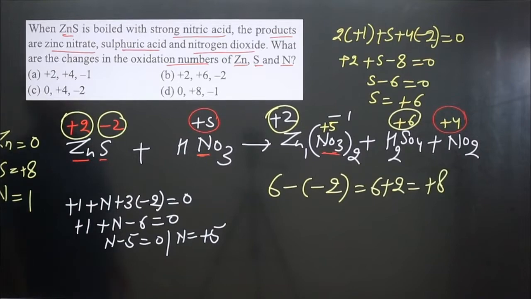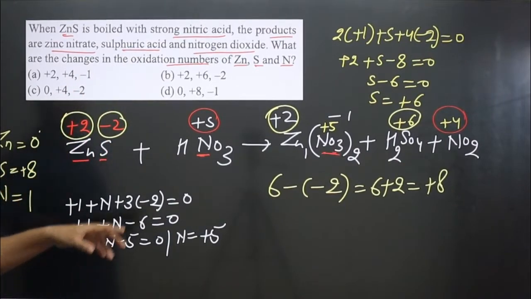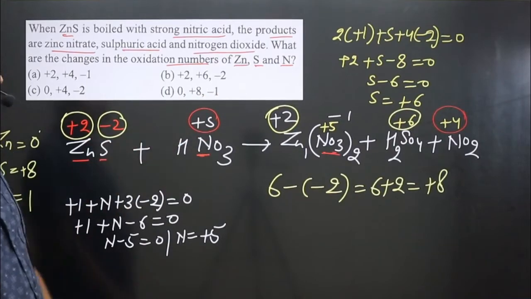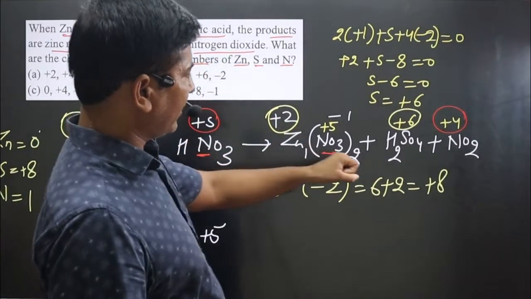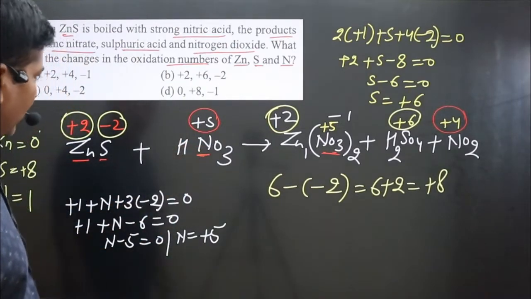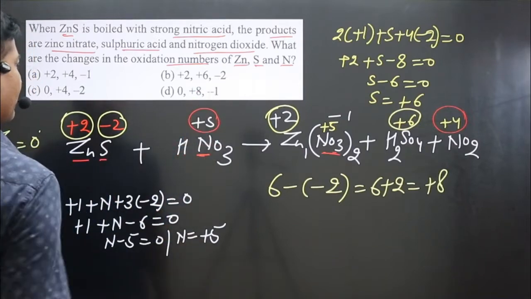Now if you look at the options, none of the options are matching exactly. If you look at C, it starts from 0, but +8 is coming in the case of D. In the case of nitrogen, it is coming -1, and -1 is not possible practically, because nitrogen dioxide has nitrogen present in +4 oxidation number and this is +5.